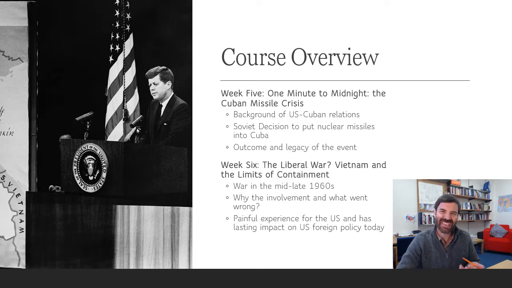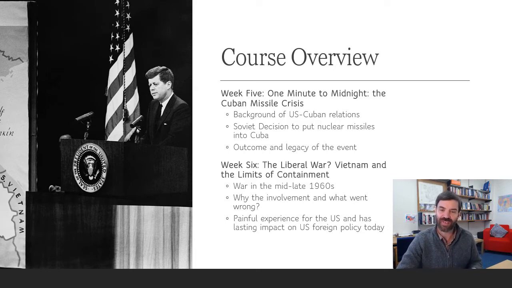So it sees the Soviet Union, under the leadership of Nikita Khrushchev, secretly place nuclear missiles in Cuba, just round about 100 miles from the US mainland, which meant that most major US cities were now within range of Soviet nuclear warheads.